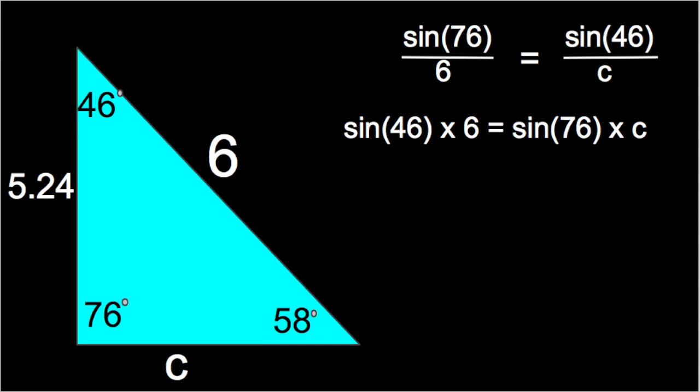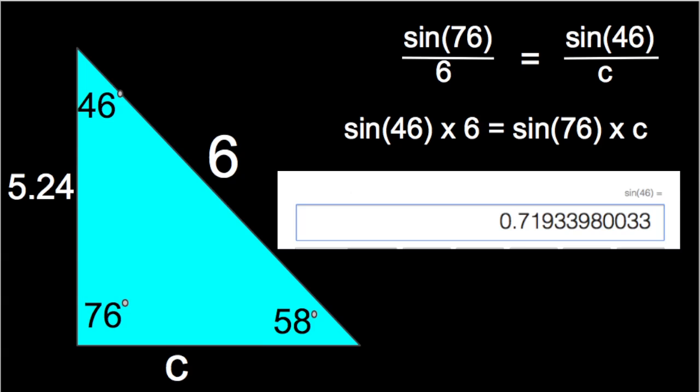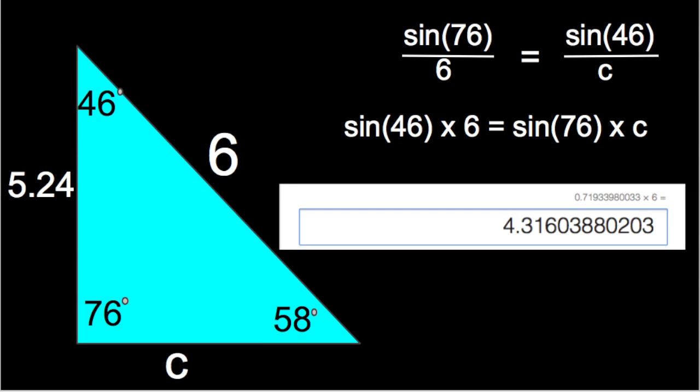But first, we need to figure out what the sine of 46 is. When we input the sine of 46 into our calculator, we get 0.7193. After this, we need to multiply this number by 6 so we can get the value for this part of the equation. When we input this into our calculator, we get 4.316.